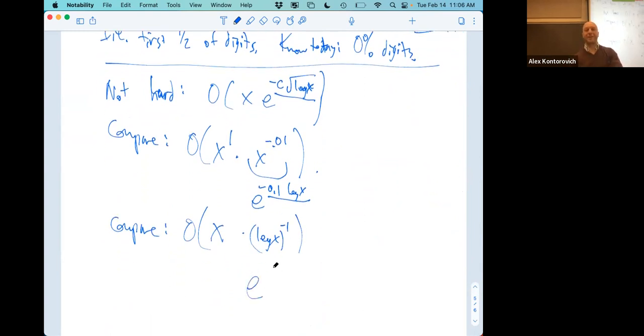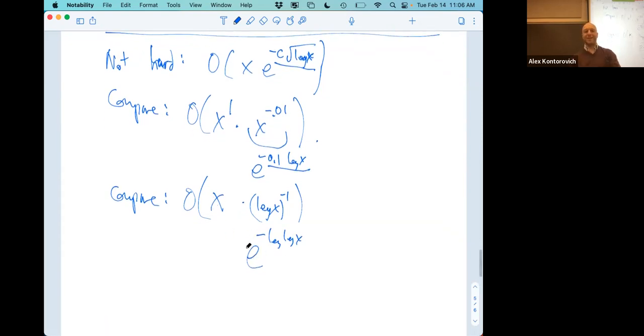This is e to the log of this, which is minus log x. So the main term is less than x by a e to the minus log. Conjecturally, the error term, well, this is the main term. There's no big O. The main term has size x times this thing. Does that make sense?